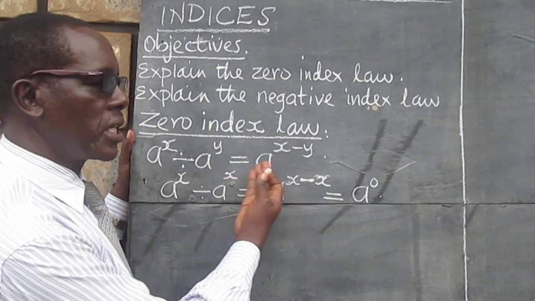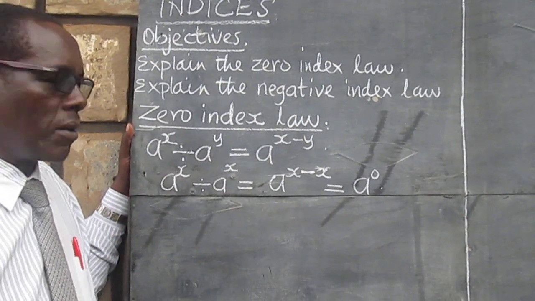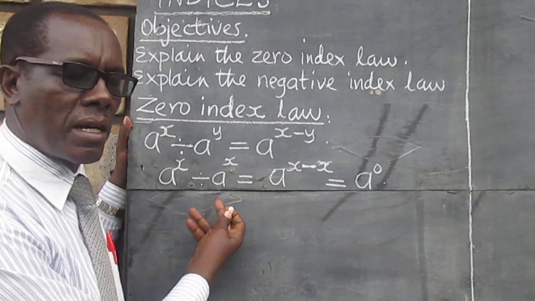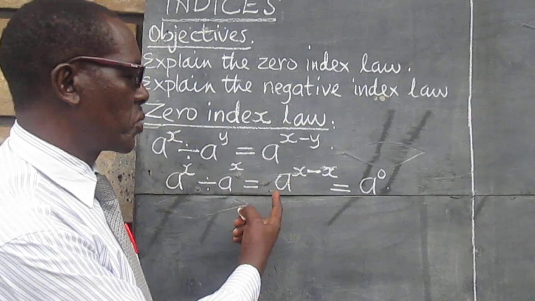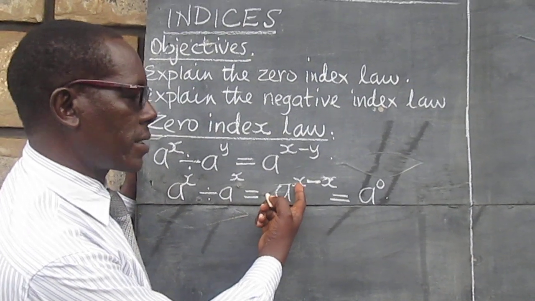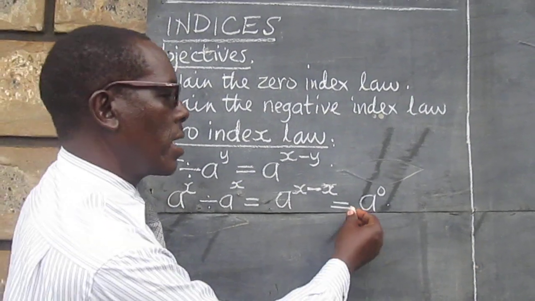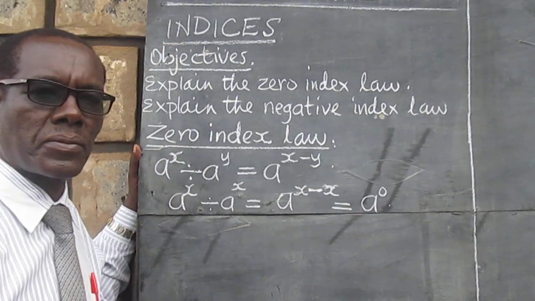Following the rule that we came up with, a raised to x divided by a raised to x will be equal to a raised to x subtract x, and that gives us a raised to 0.